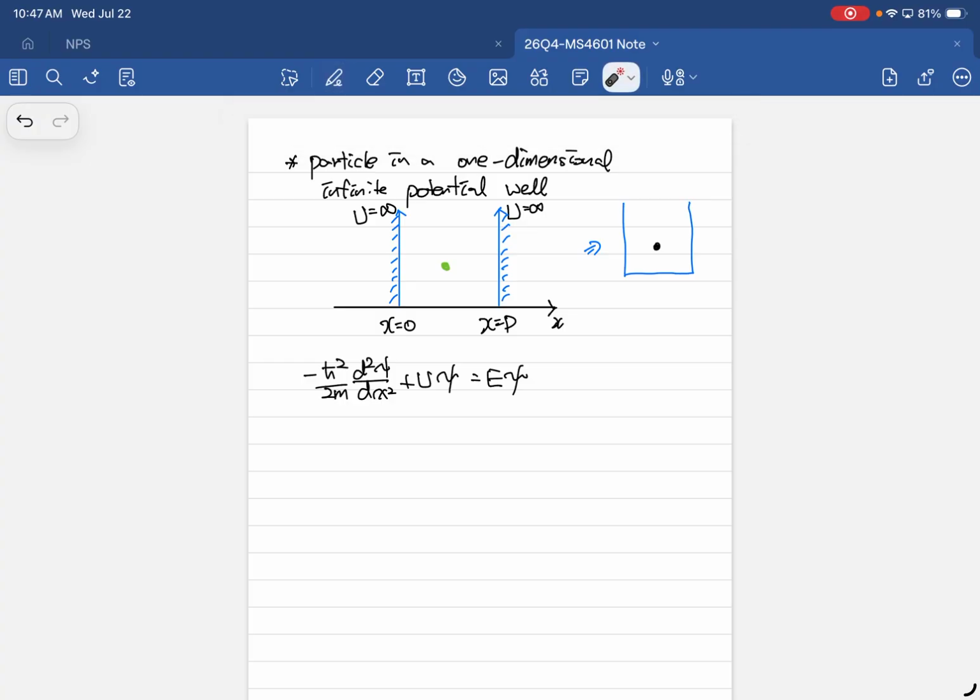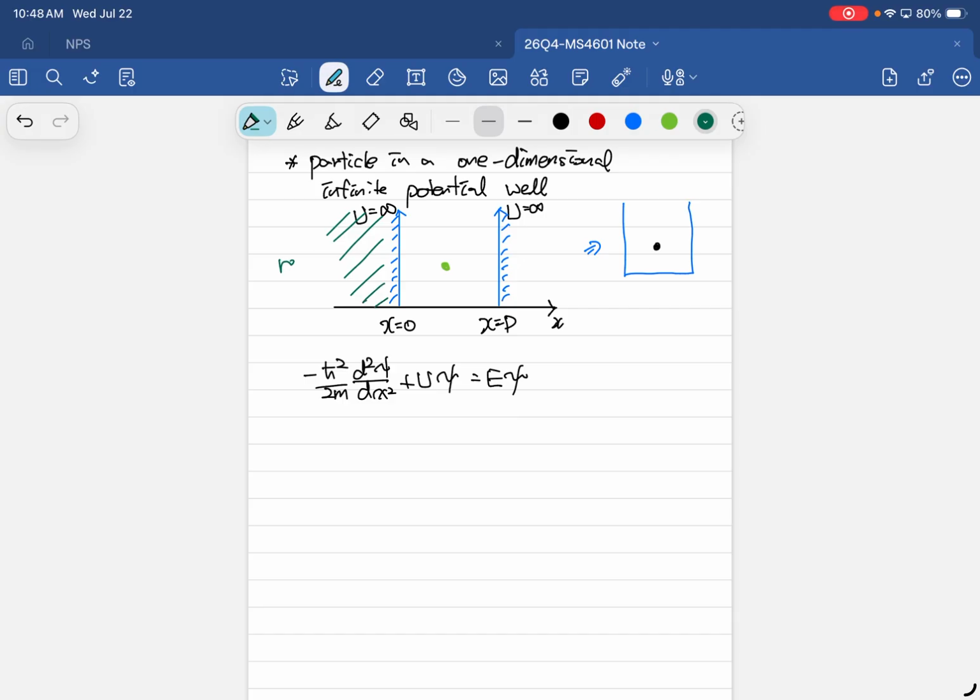For this one, we have to look at three different regimes. For example, I'm going to write down here: this is regime 1, the center part is regime 2, and this area is regime 3.